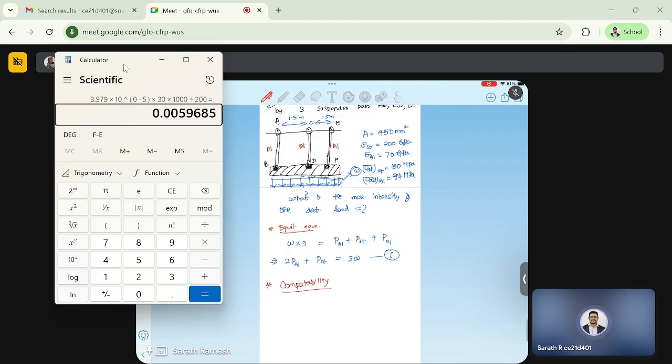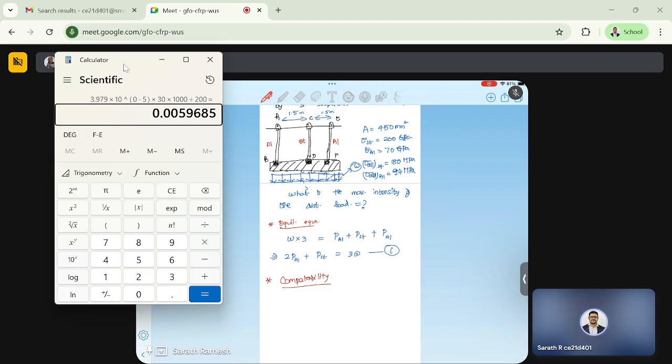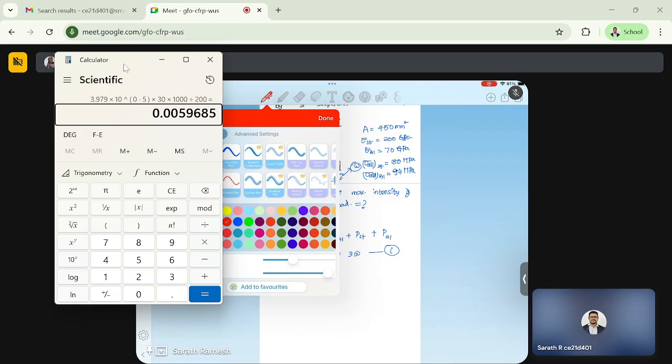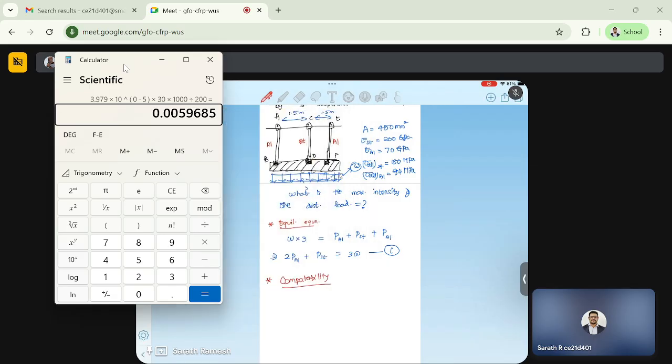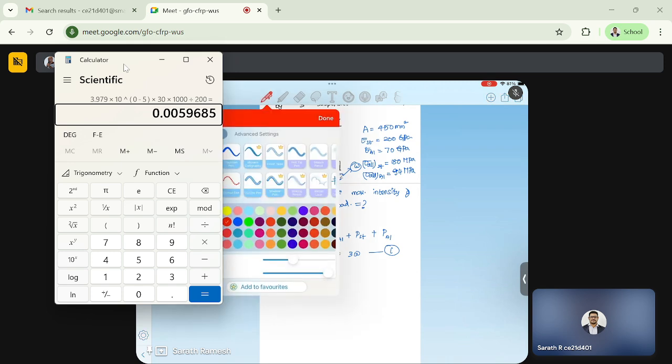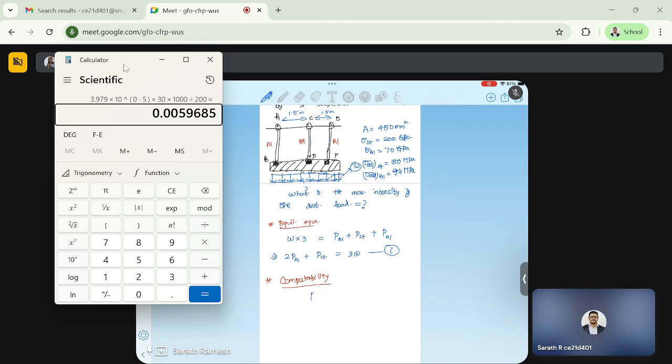Compatibility tells us that, since it's a rigid beam it's attached to, the elongation in steel should be equal to the elongation in aluminum: delta_ST is equal to delta_aluminum, right?